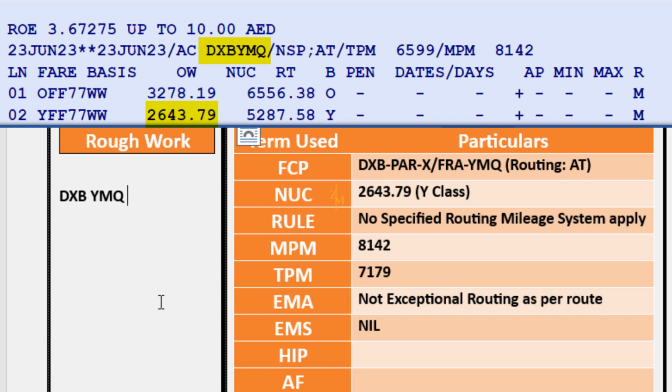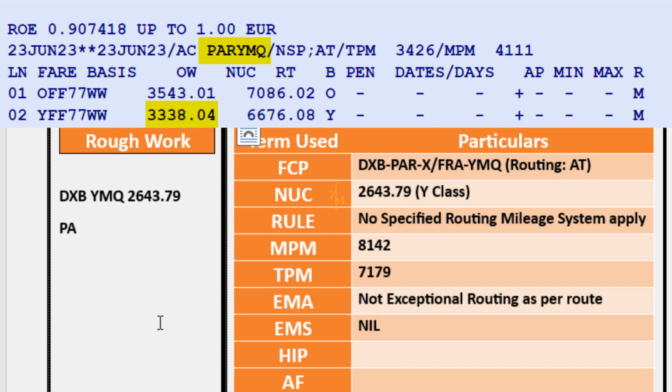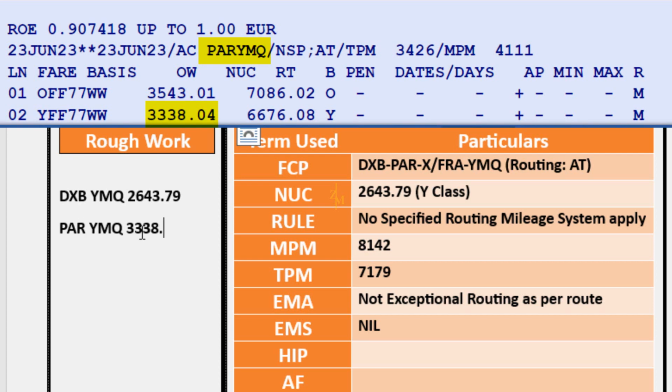Step 8. Higher Intermediate Point, HIP, fare. The concept of the higher intermediate point, HIP, fare arises when determining the fare for a specific segment of the journey. In our example, since there is no stopover in Frankfurt, we consider the fare from Paris to Montreal, which is 3,338.04 NUC.